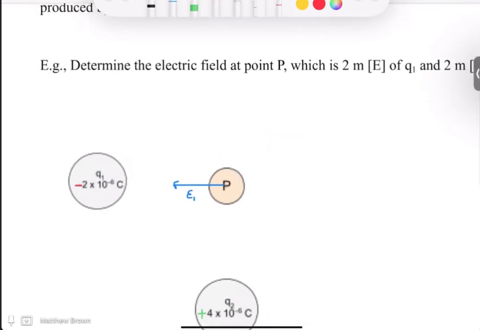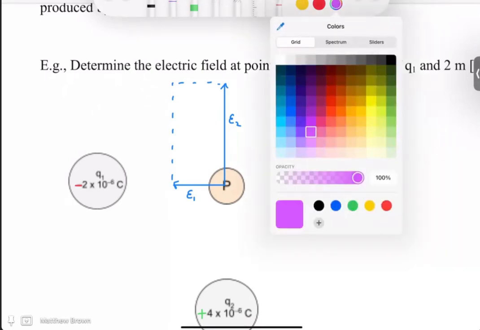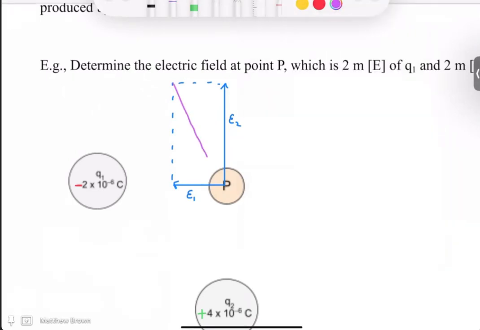So that means this one here would be greater. So when we add these together, we should get something that would look like this. I'll just say that would be the total electric field at that point in space.